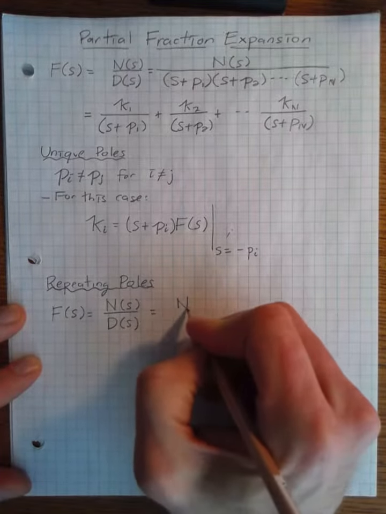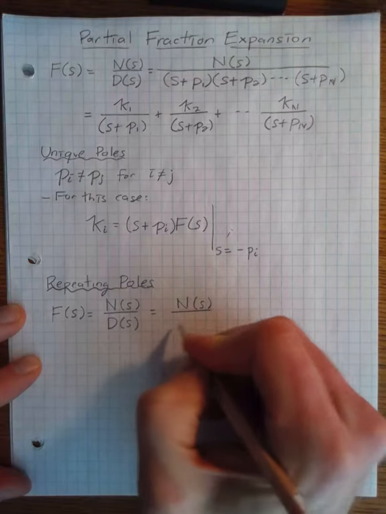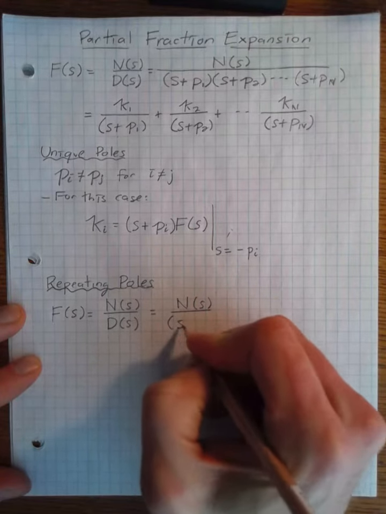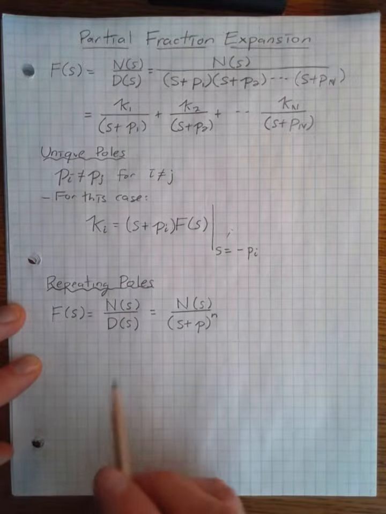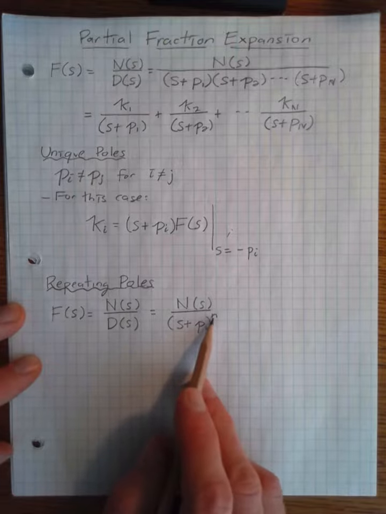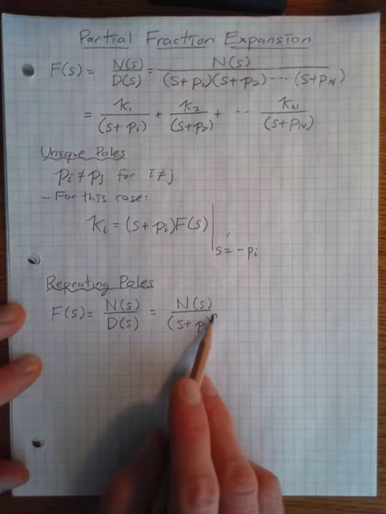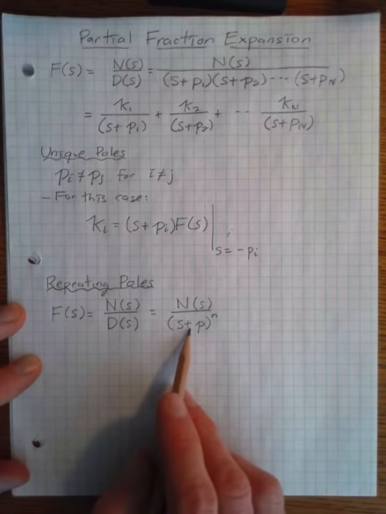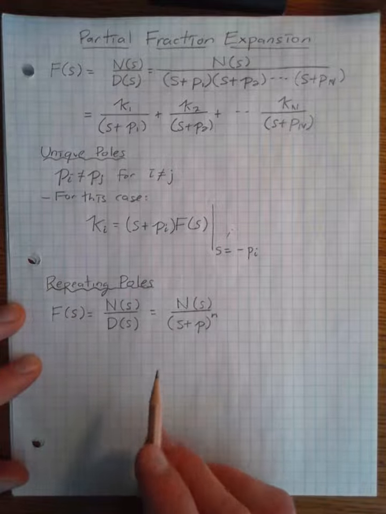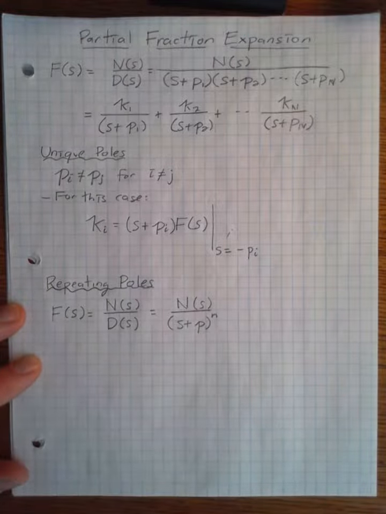And in this case, I'll do the case where we only have basically one repeating pole. We have s plus p to the n. And so if n is 2, then this is squared, and we've got a pole that repeats itself twice. If it's cubed, then the pole repeats itself 3 times.